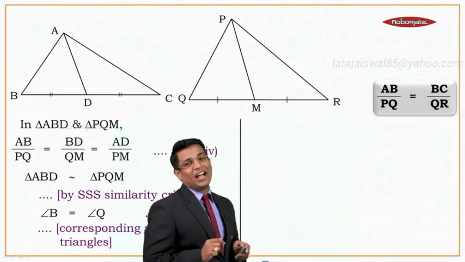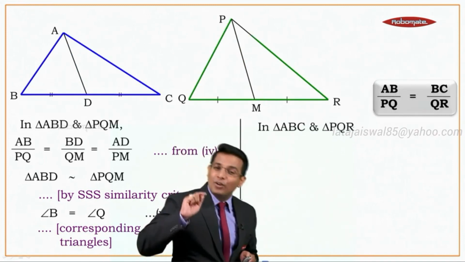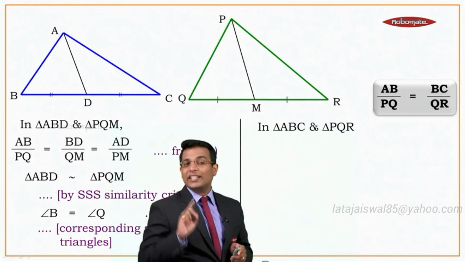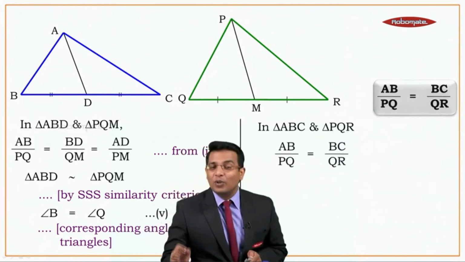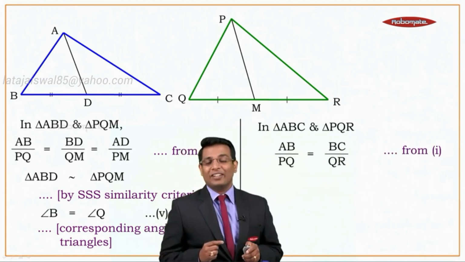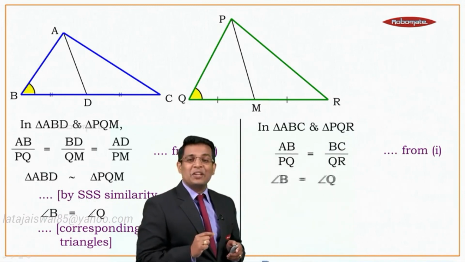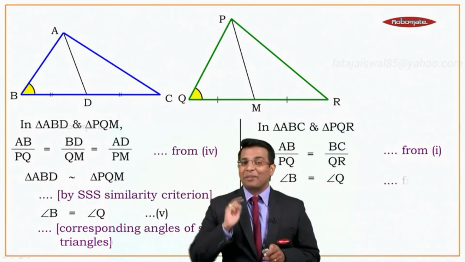So we consider the two triangles, triangle ABC and triangle PQR. We know those two ratios which we had taken, AB upon PQ is equal to BC upon QR. It is already known to us because we were given that, from 1, and we have the included angle, angle B equal to angle Q. We got it from statement number 5.